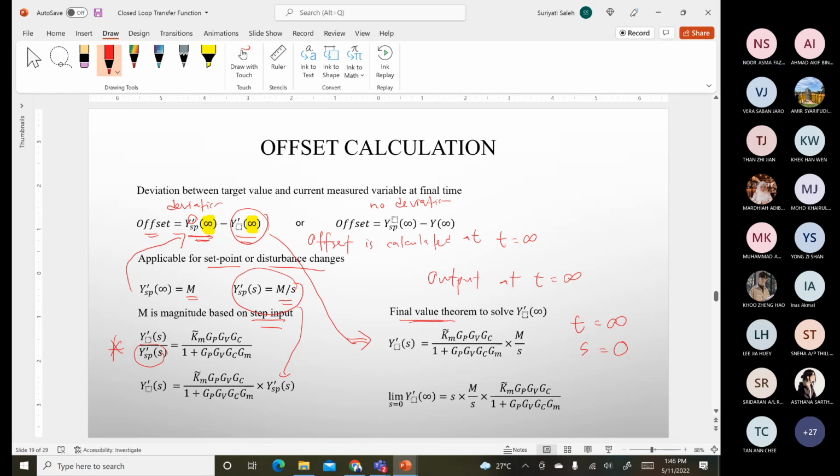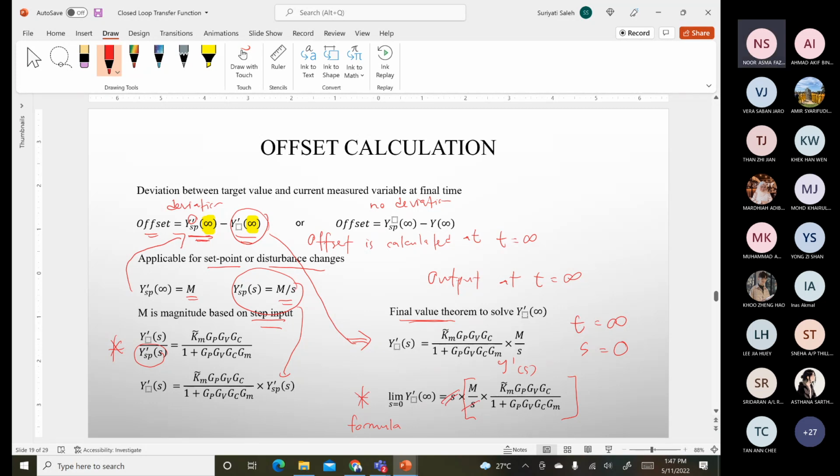So what happens when you have S equal to 0? So this is your equation. This is the formula for the final value theorem, where limit S goes to 0, Y prime infinity equals S multiplied with Y prime S. So Y prime S is equal to Km GP GV GC over 1 plus GP GV GC GM multiplied with the magnitude over S. So for this case, you can see the S normally will be cancelled.